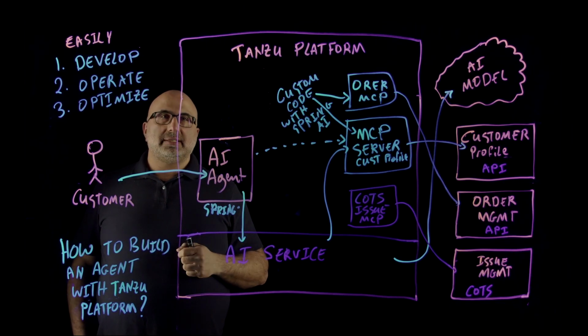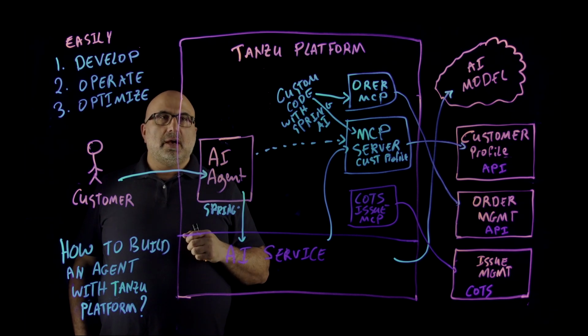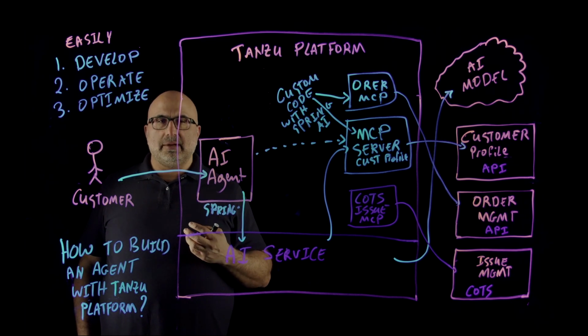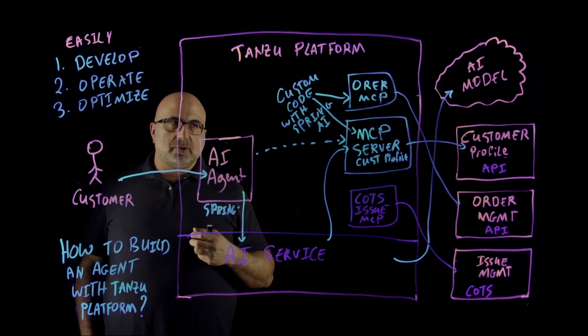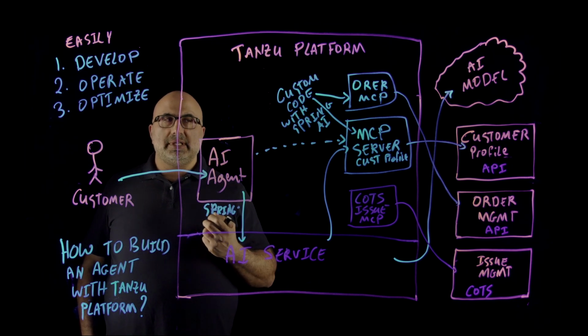Tanzu platform makes it easy for us to develop, operate, and optimize AI agents. We do it first by making it possible for you to write the code for the AI agent in your favorite programming language, including Java and Spring AI. We then make it possible for you to build connectors using MCP servers that access your existing APIs, or take third-party MCP servers that others have built and then deploy them into the Tanzu platform.